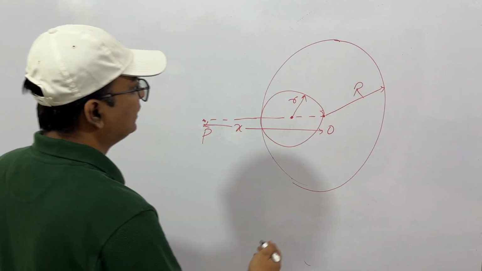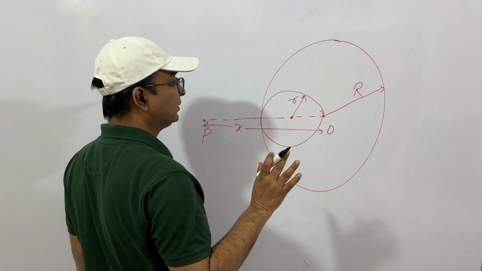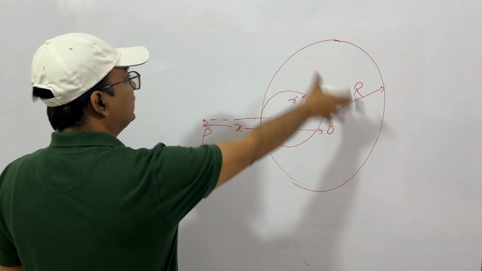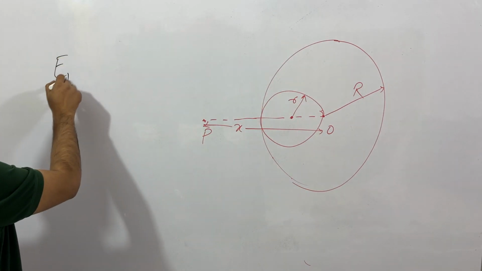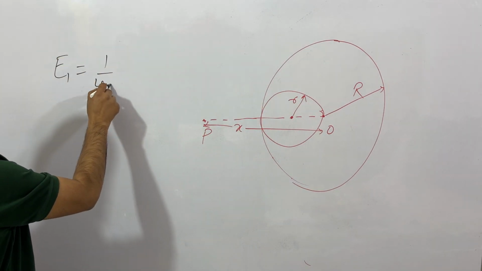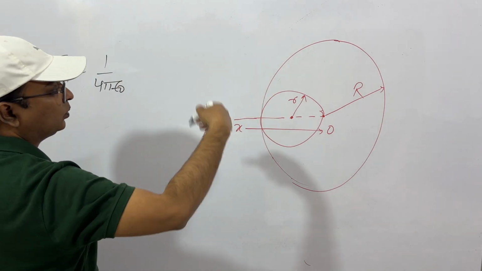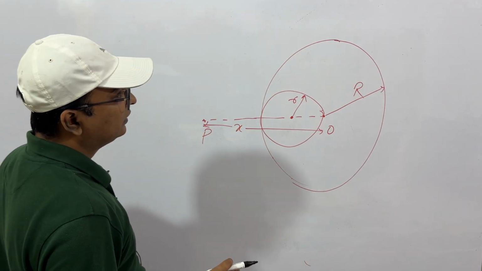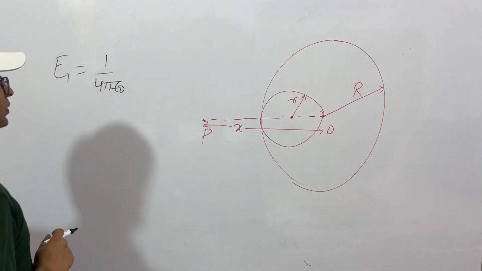See, we can think of these as two separate spheres. Electric field due to this will be E1, which is 1 by 4 pi epsilon 0 times the total charge on it, now the issue is what will be the charge on this.